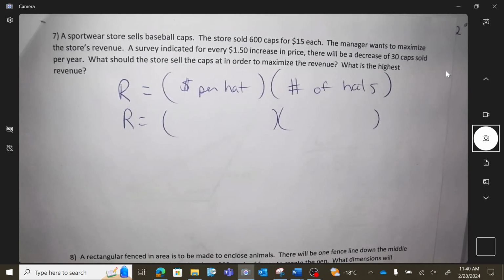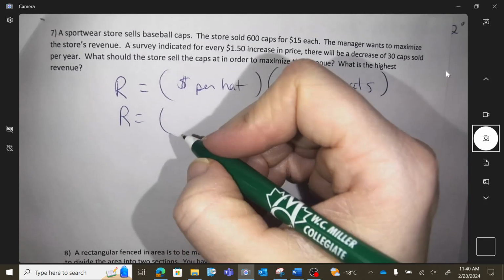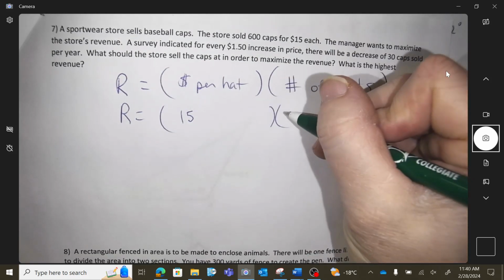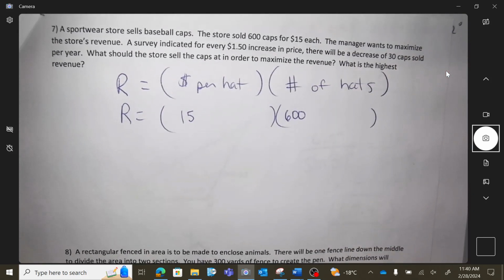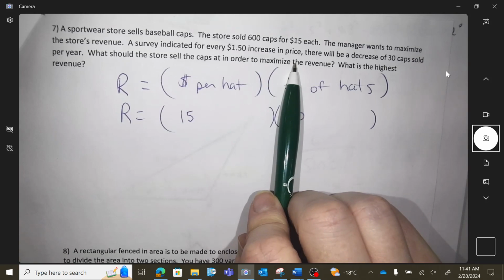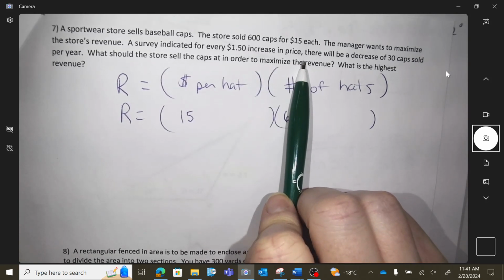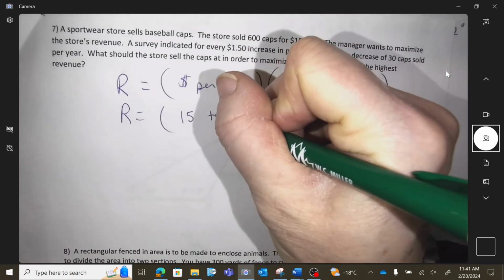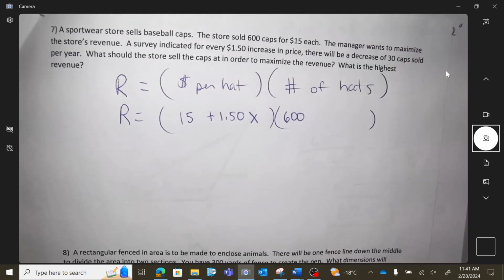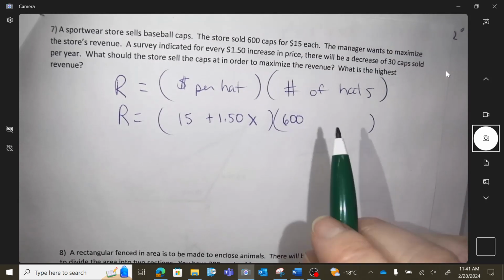Okay, what did my hat price start at? 15. What did the amount start at? 600. And then reading, for every $1.50 increase in the price, the price is increasing by $1.50 x, because you don't know how many times.